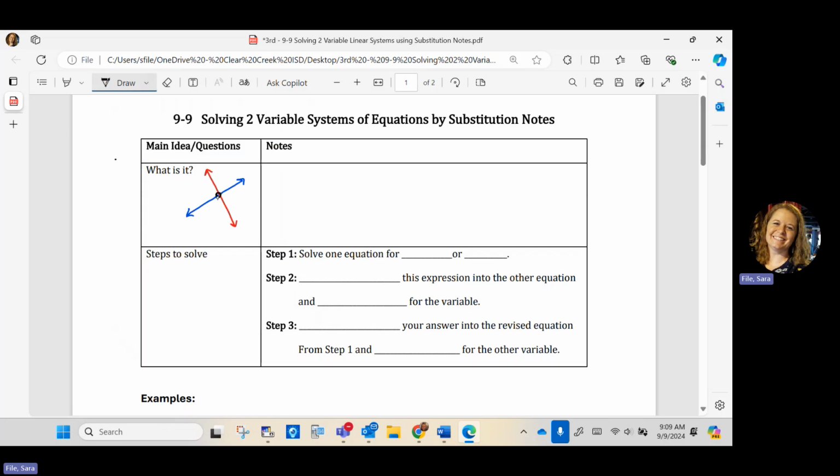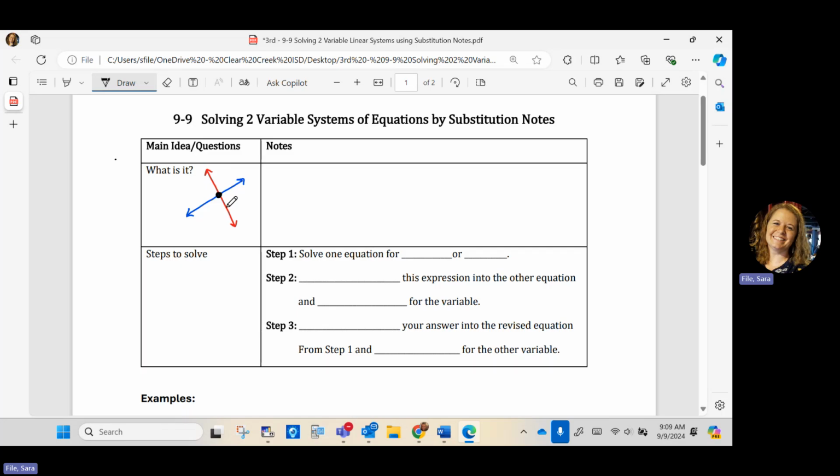That point right there where it intersects is the only point that would be a solution to both of those. So when we talk about solving systems of equations, there's only going to be one solution, because there's only one point that would fall on both of these lines, or if we had them as equations, make both of the equations true.